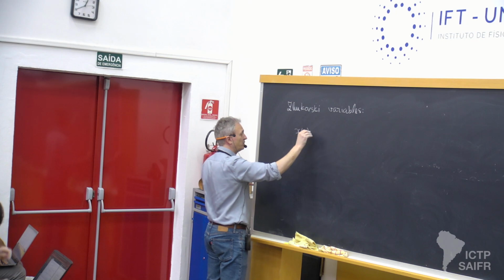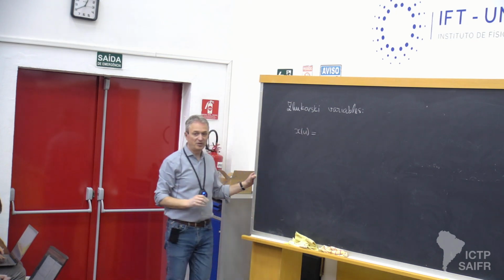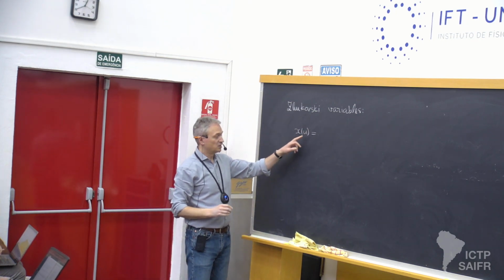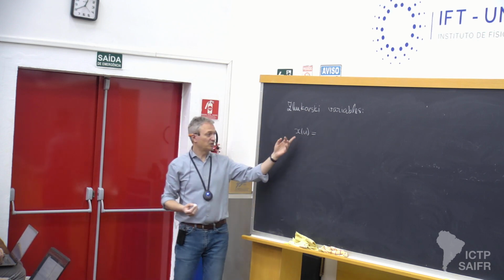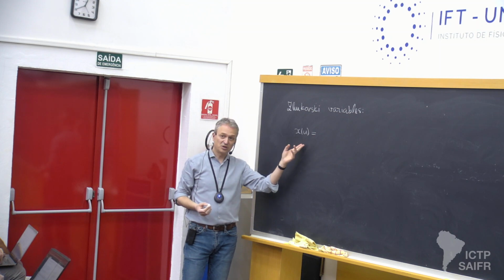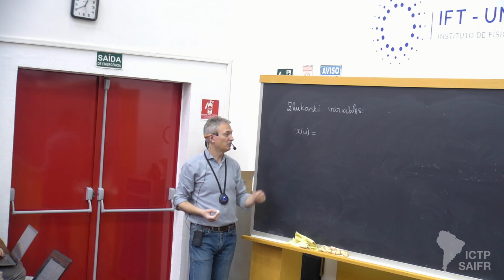So the basic variable is rapidity. This is the same variable that will appear in the Bethe equations. It parameterizes the energy and momentum of each individual magnon.